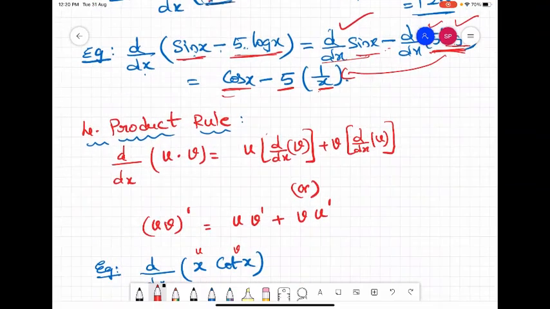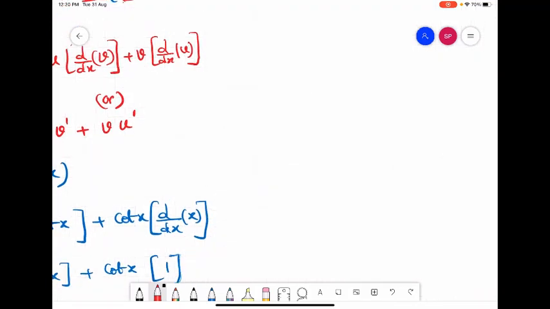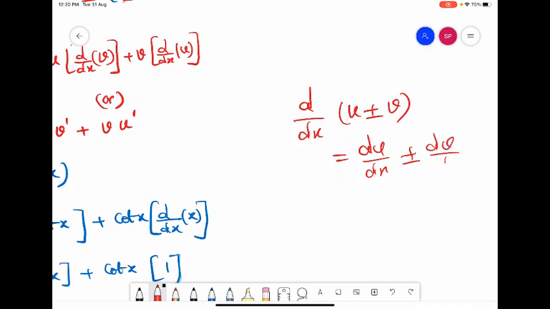Now we are going for one of the very, very important basic rules, that is the product rule. Before, I said that when I have d by dx of u plus or minus v, with addition or subtraction, I can separate du by dx plus or minus dv by dx.